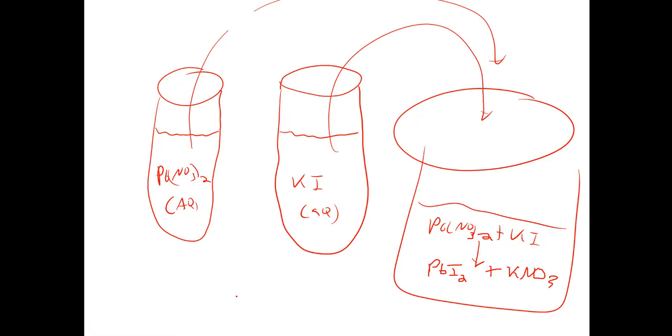Now let's go ahead and investigate the physical state symbols. So the lead nitrate originally was completely dissolved, so it's aqueous, AQ. Just as we saw over here, AQ. The original potassium iodide was AQ, aqueous.